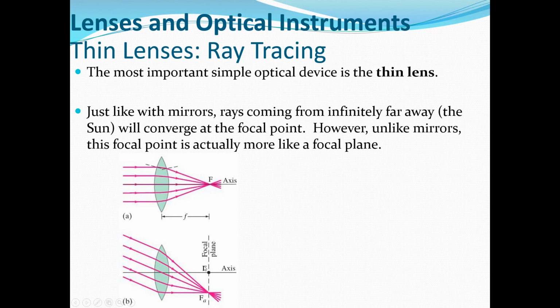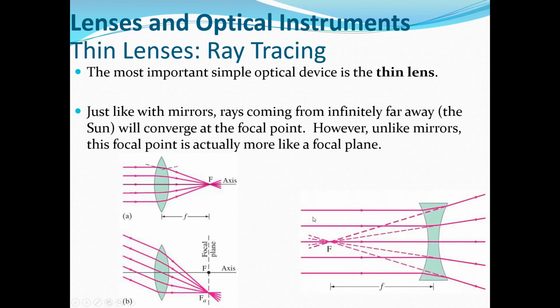So a lot of times, instead of calling it a focal point, they sometimes call it a focal plane because technically these lines coming from infinitely far away, parallel lines, will focus at any point along this axis, this plane, depending on how the lines are angled.